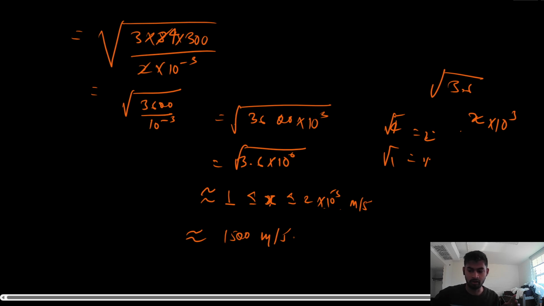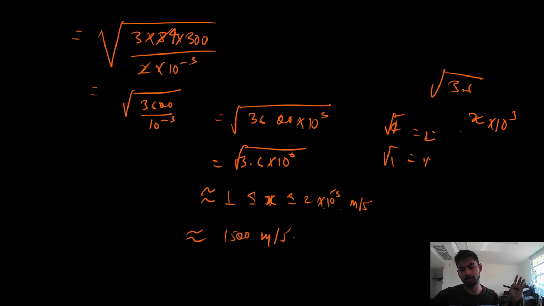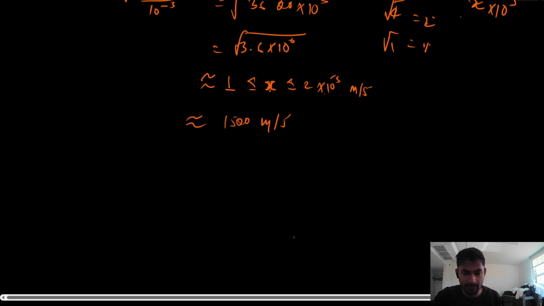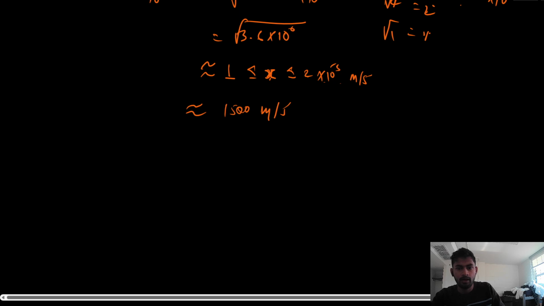So it gives you a good idea about what is the root mean squared velocity of, say, hydrogen gas at room temperature, in this room or anywhere else. Let's do another problem.